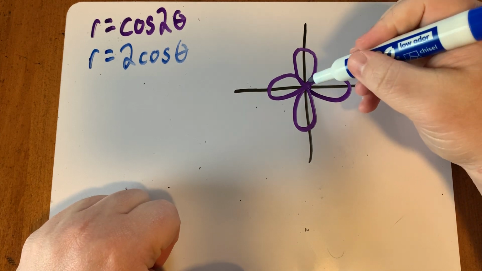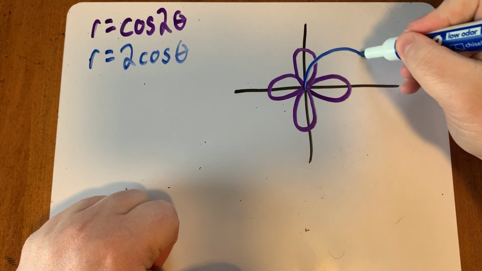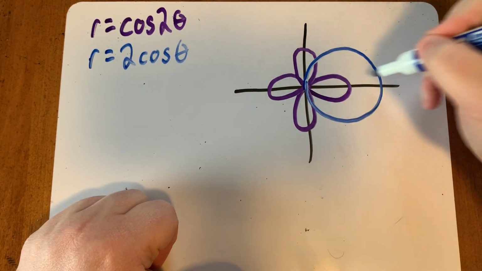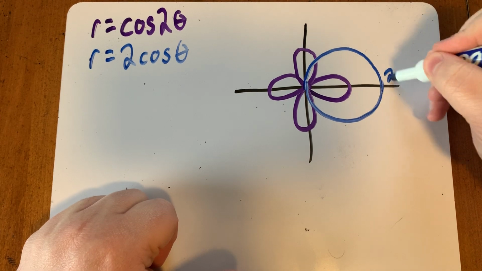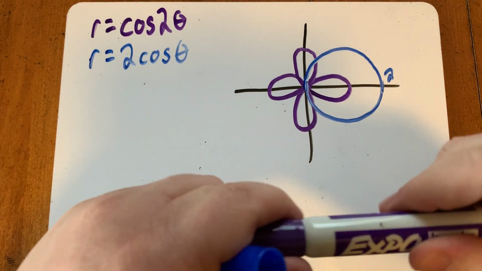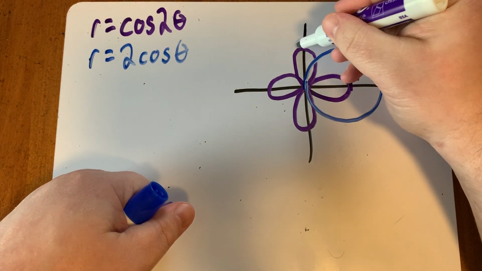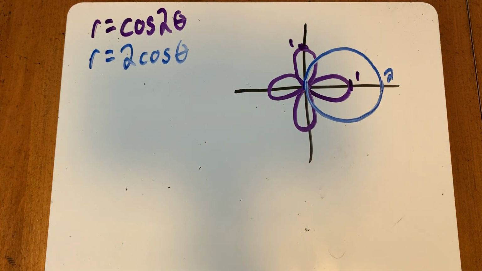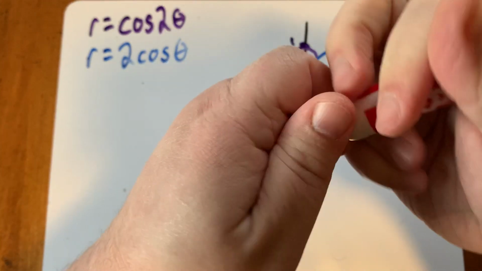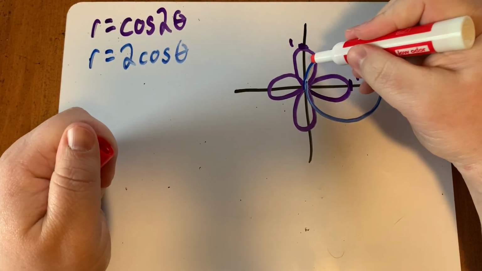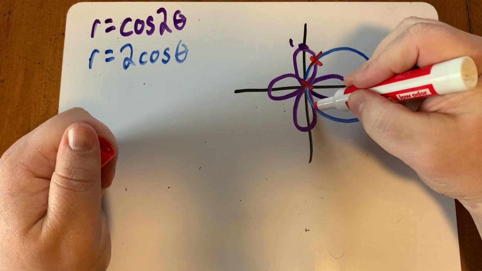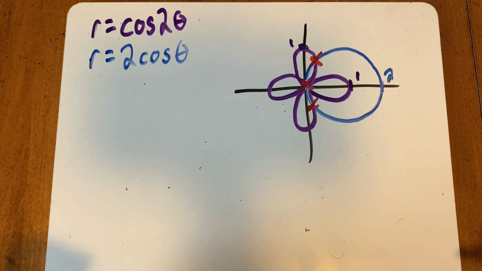And this one is cosine of 2 theta. It's a circle like this with a diameter of 2. So that's 2. And that's 1 and 1. So if we look at it, it looks like we have 1, 2, 3 intersections.